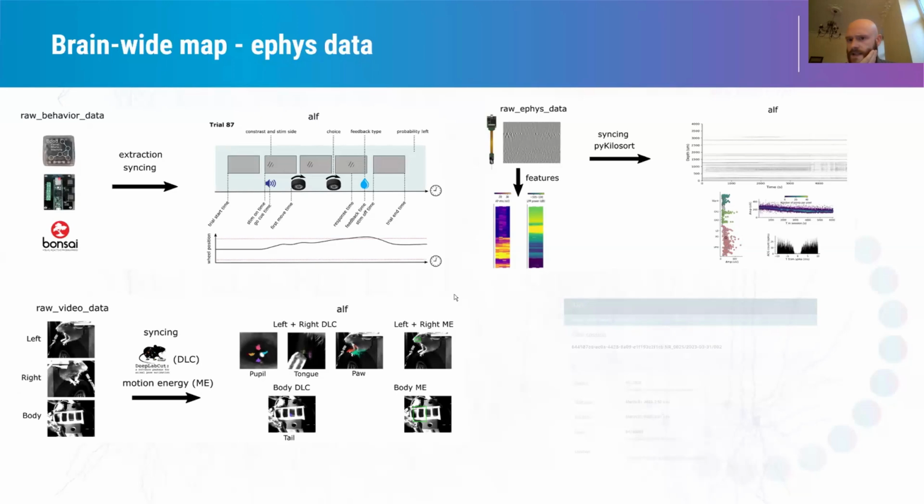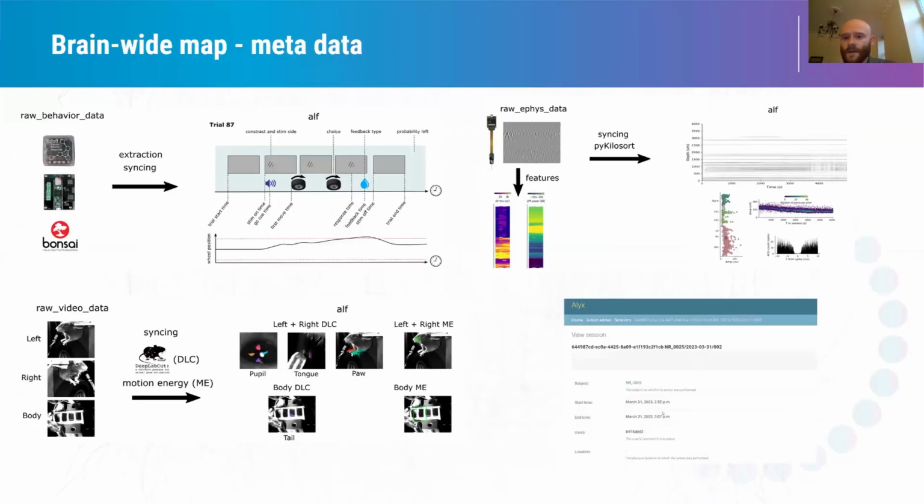So this produces datasets including spike times and cluster IDs and things like that. So once this was done for each experiment, all of the data were then copied to a remote server, and information about the datasets were uploaded to a metadatabase that we call Alyx. So that dataset information includes which files were associated with which sessions, file hashes and file names and such like that.